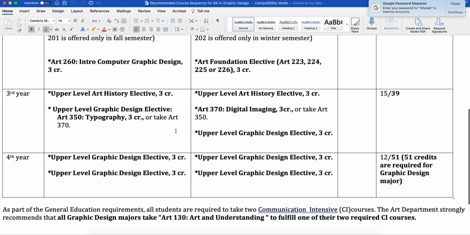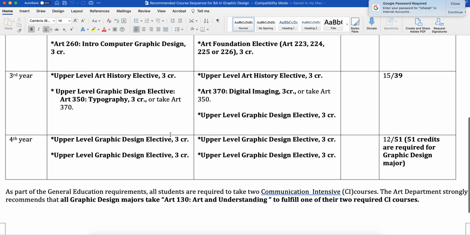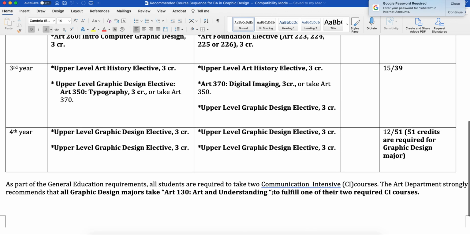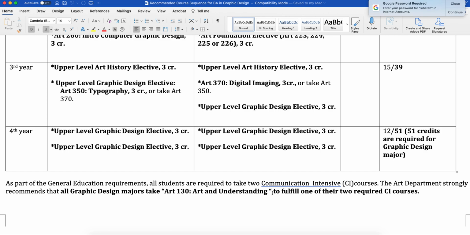It's either way. Now on all the majors, as part of the general education requirement, all students are required to take two communication intensive courses. Our department strongly recommends that all graphic design majors take Art 130, Art and Understanding, to fulfill one of their two required CI courses. So everybody has to take one course in category 2, and there are many choices: theater courses, music courses, Art 100 and Art 130.